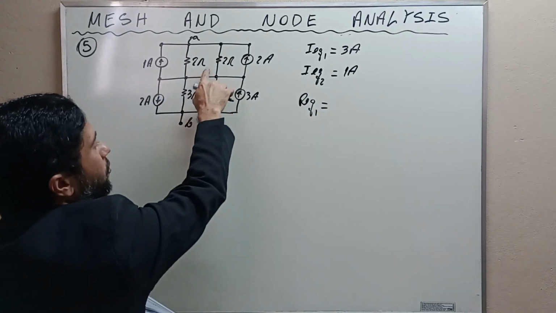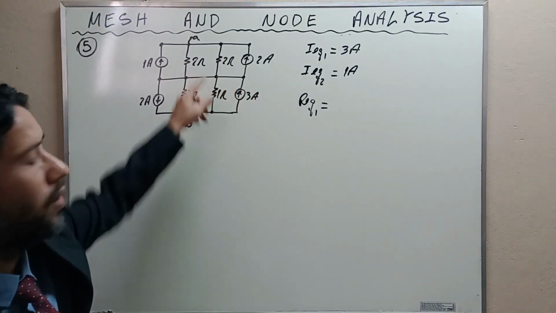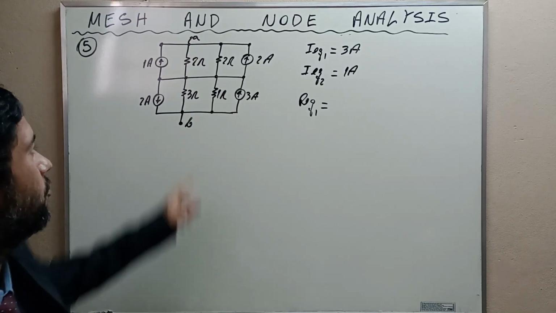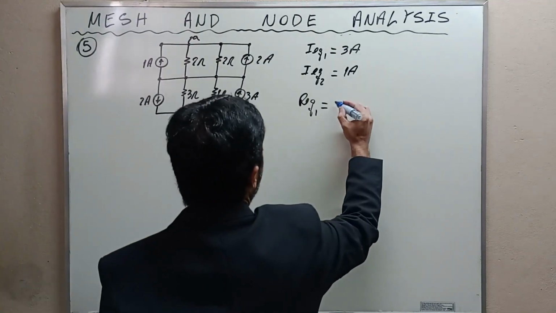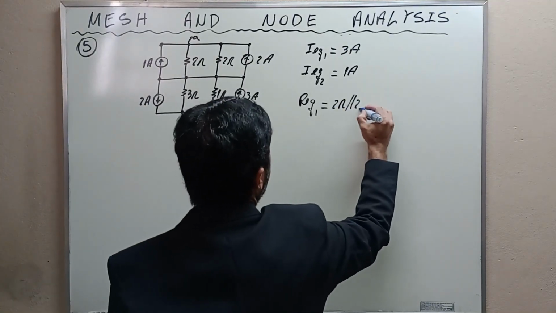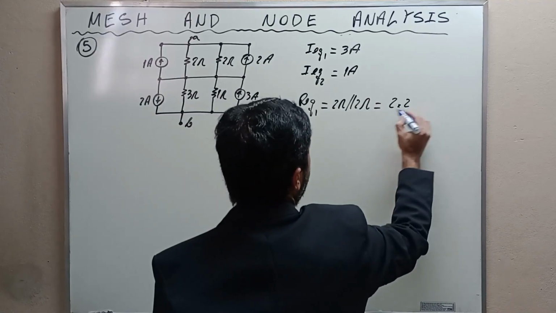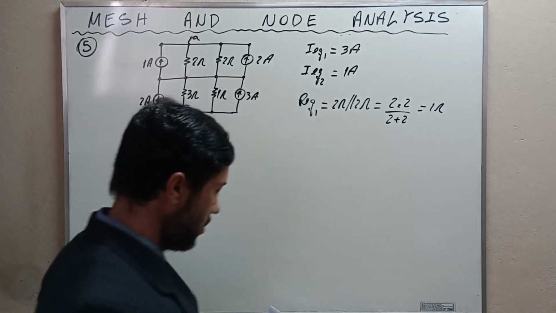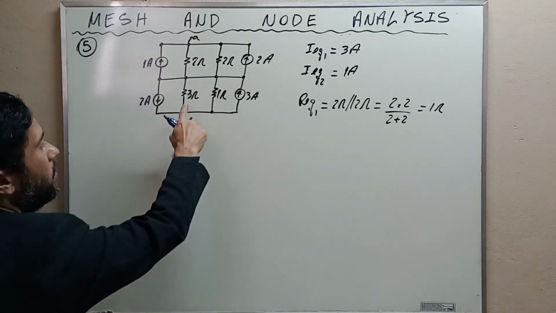This equivalent resistance will be the parallel combination of these two resistances. Observe that they are in parallel. It is 2 ohms in parallel with 2 ohms, and this is equal to 2 times 2 divided by 2 plus 2, which is equal to 1 ohm. Likewise, we do for this.